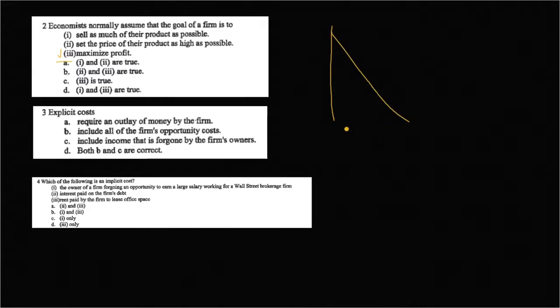So this is a downward sloping demand curve D, and if you set a price up here, this box would be the total revenue, but if we set it out here, we can all see, let's shade it in blue, that this total revenue would be much, much greater than this one.